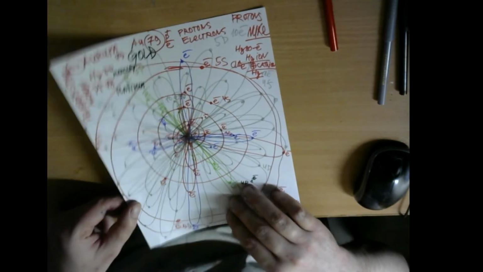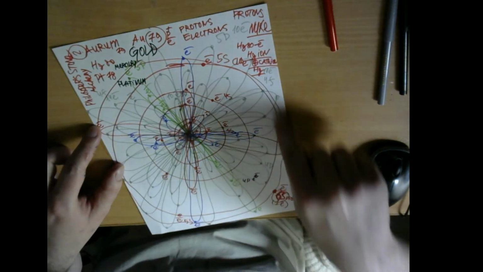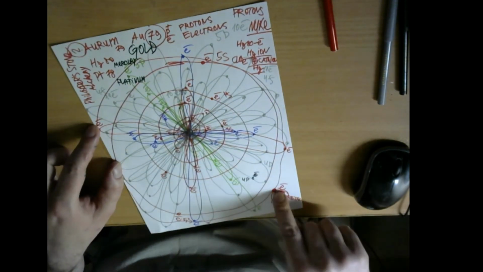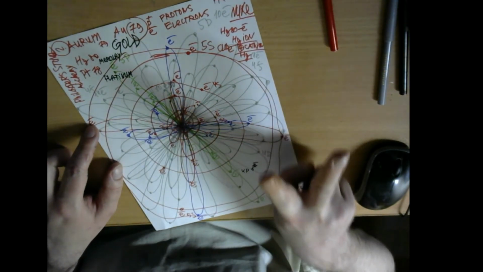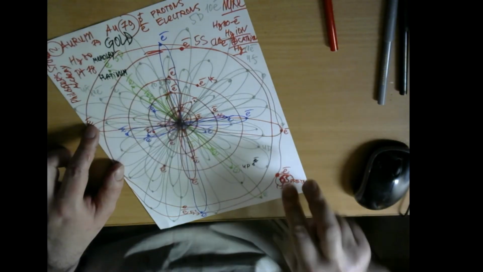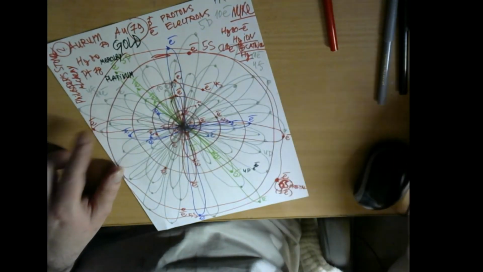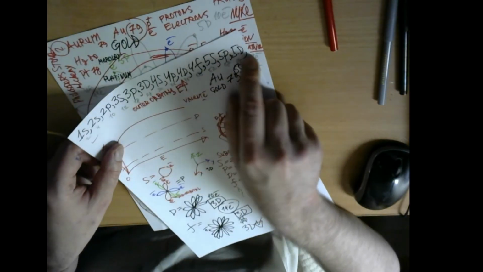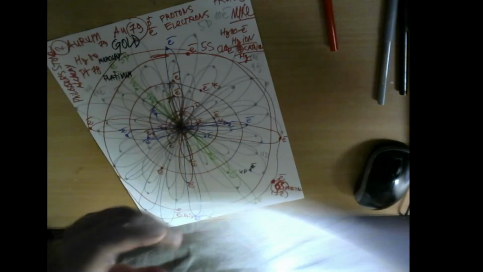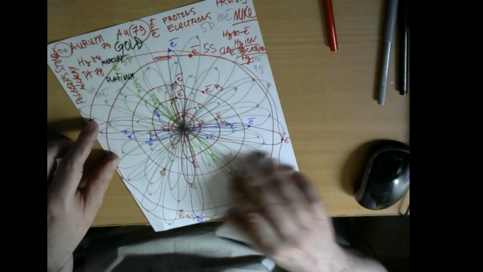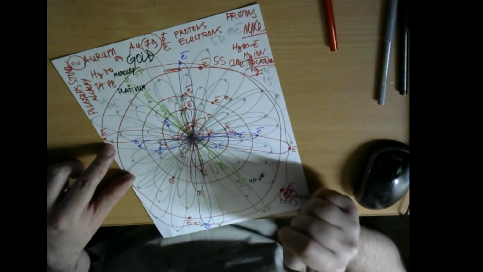And now something I forgot to tell before, you also need a 6s orbital with just one electron instead of two. Just one electron instead of two electrons on the 6s orbital. I put it right here, 6s orbital. Okay, without one electron.